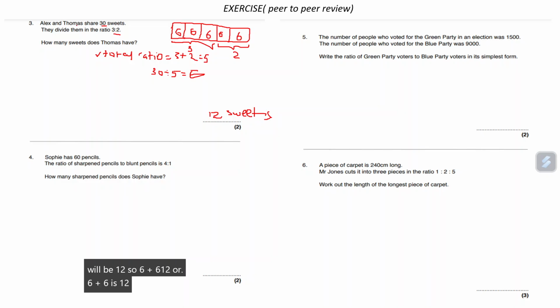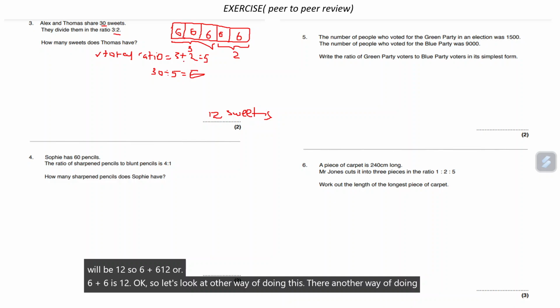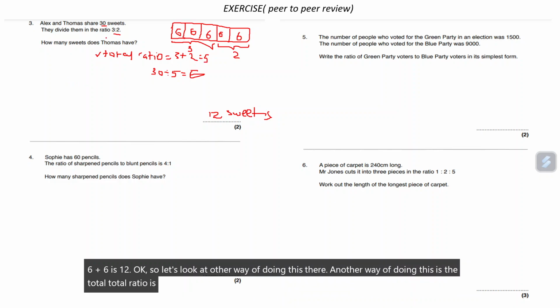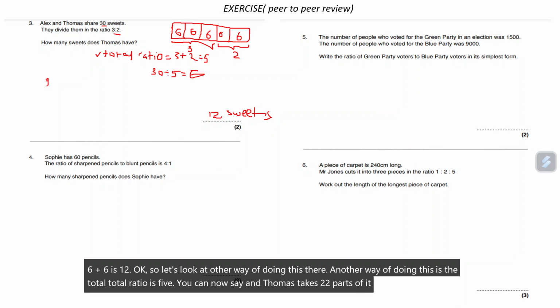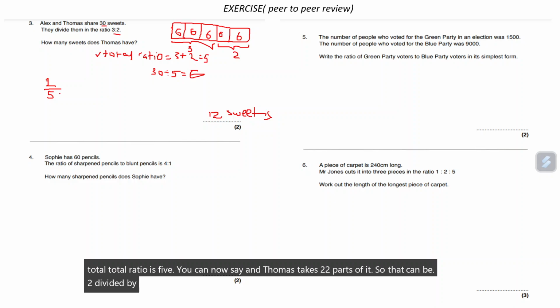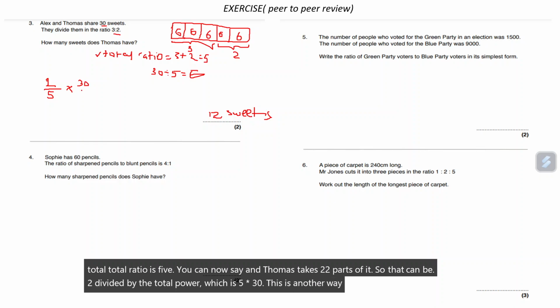Okay. So let's look at the other way of doing this. Another way of doing this is the total ratio is 5. Thomas takes two parts of it. So that can be 2 divided by the total ratio, which is 5, times 30. This is another way of solving it.